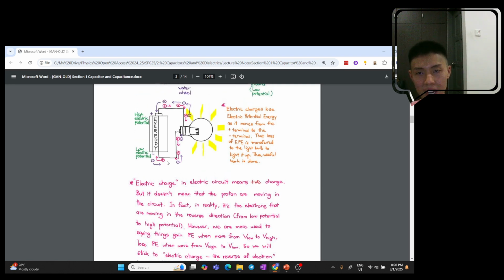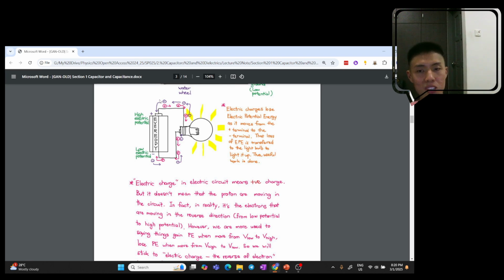Low to high, we know, is as if a thing is moving upwards, right? If a thing moves upwards, it gains electric potential energy. So right now, this imaginary positive charge will gain energy as it moves through a battery, just like how we usually imagine things. Going from low to high, you gain energy.